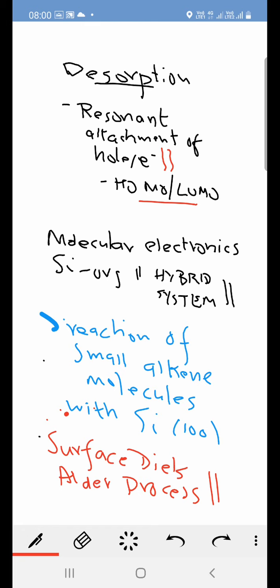So what happens in this process is that above 200 Kelvin, the silicon on which the organic molecules have been adsorbed actually buckles the dimers.